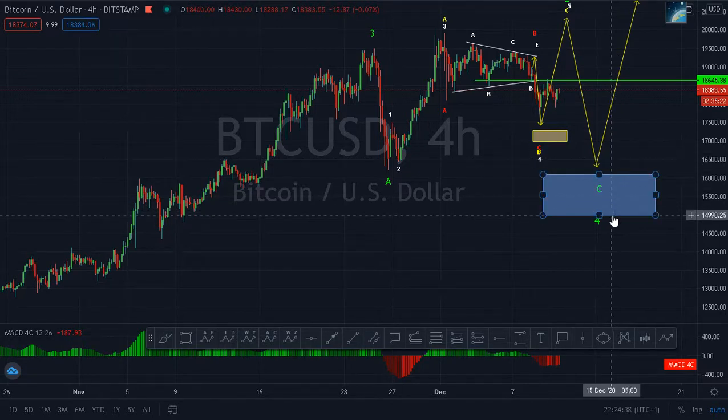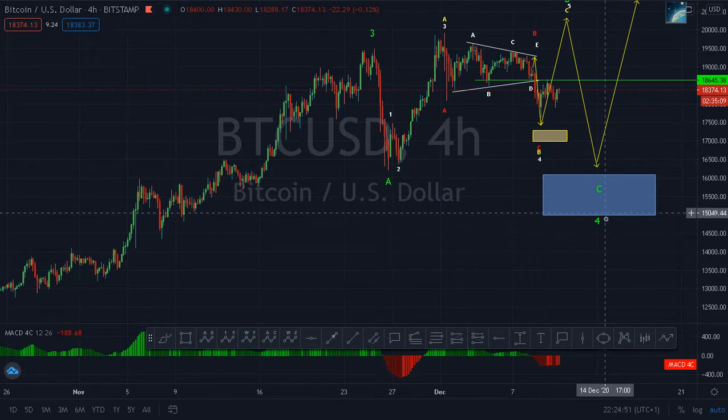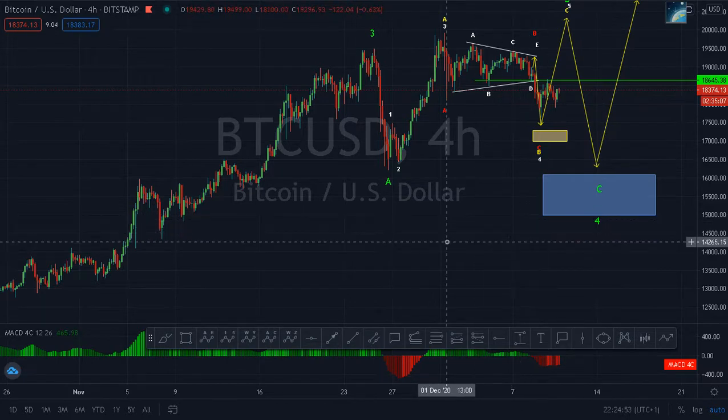If not, I'm not gonna buy. If Bitcoin doesn't come down from here to here, that is between 16,400 to 15,000, I will not buy. That is it. It may take time, but it will definitely happen.